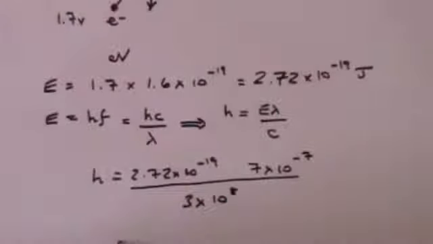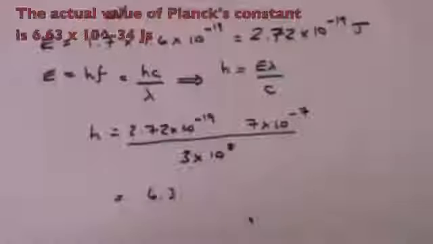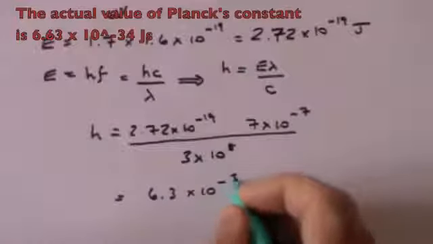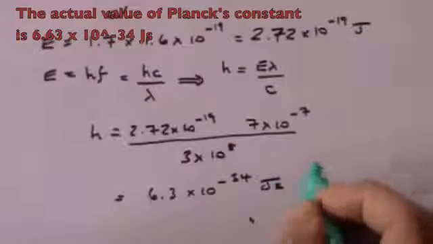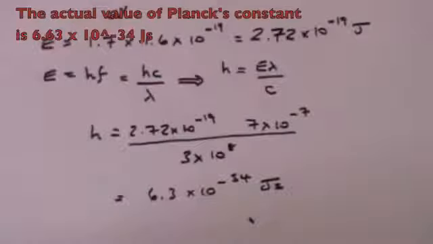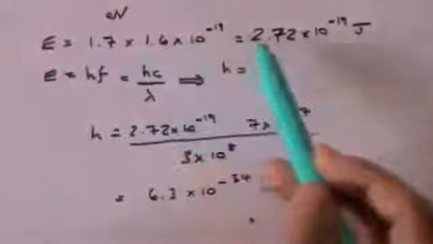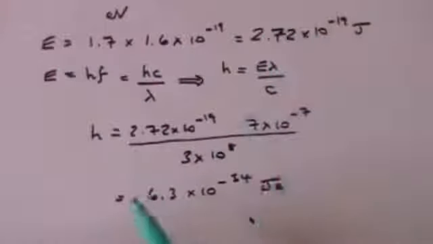And if you calculate all of that, you should get 6.3 times 10 to the minus 34 joule seconds. So we've done the calculation for both. We've calculated the energy of the photon, that's what we were required to identify, and we've calculated Planck's constant, which we were also required to identify.